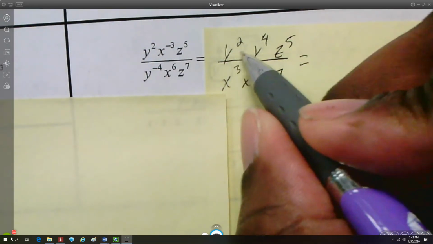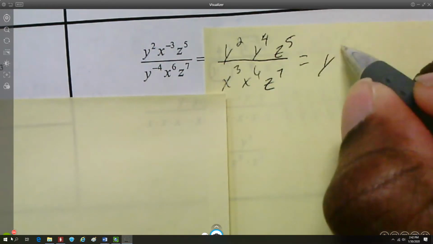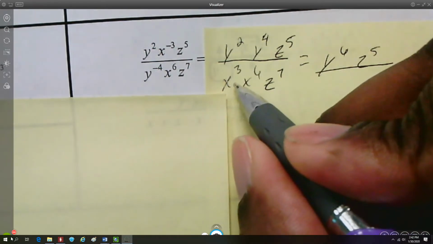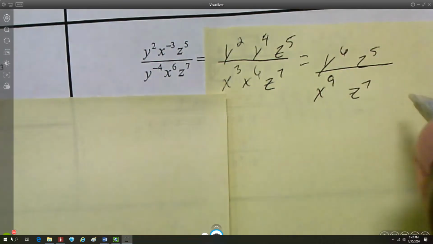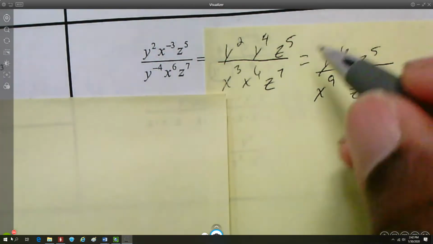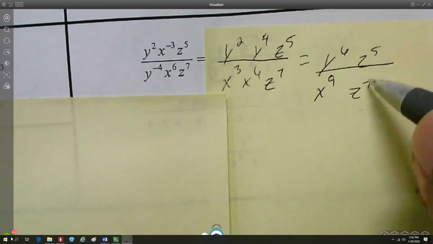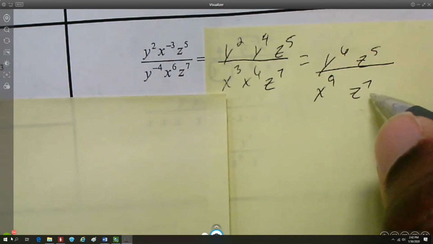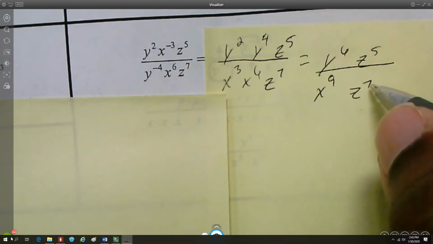If we give you y to the second times y to the fourth, we decided we should add these exponents. So we get y to the sixth, z to the fifth over x to the ninth, z to the seventh. From there you're looking for what you can cancel, and the only thing that has the same variable on top and bottom is z. I've got z to the fifth over z to the seventh. I would decide what the difference between these two is.